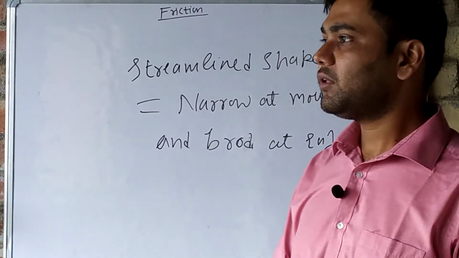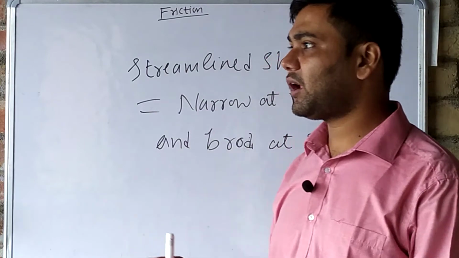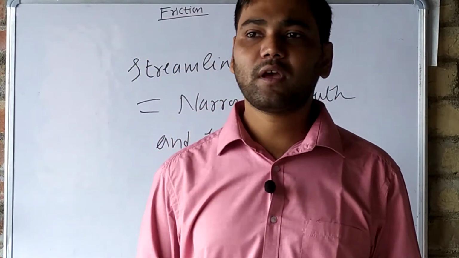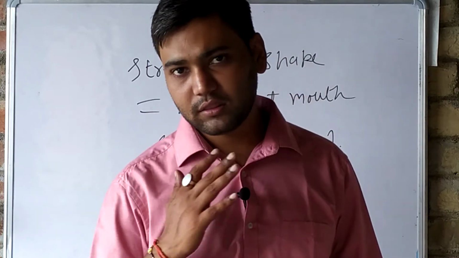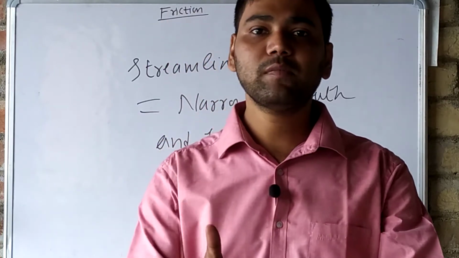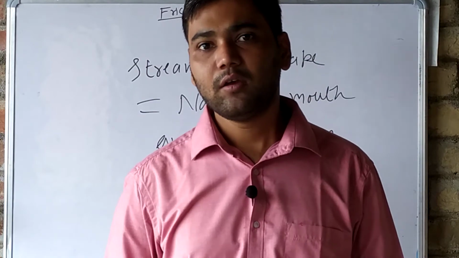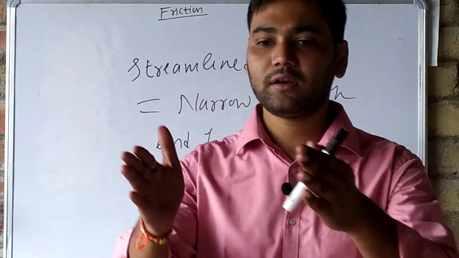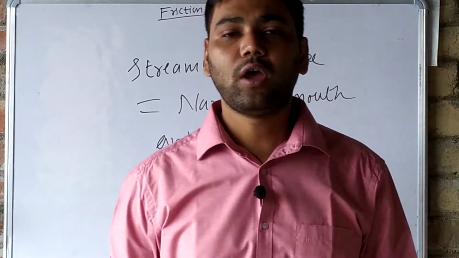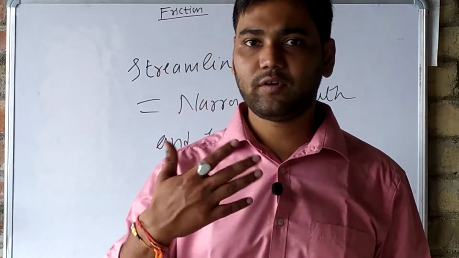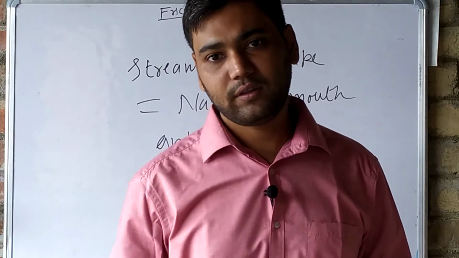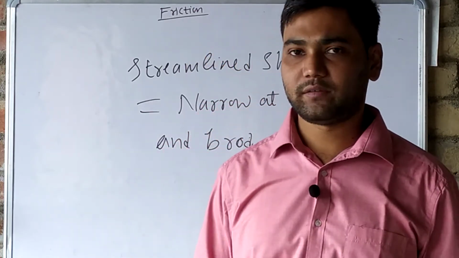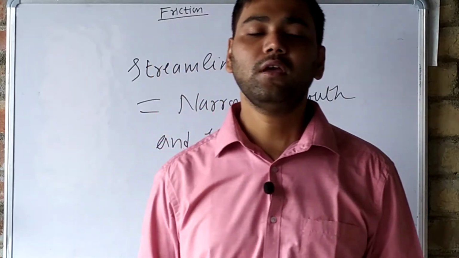Many animals are in this form. Animals are mostly streamlined, because their mouth and starting part is very narrow, and because of that, friction is very less, and they can walk and run very rapidly in comparison to us or to other things.